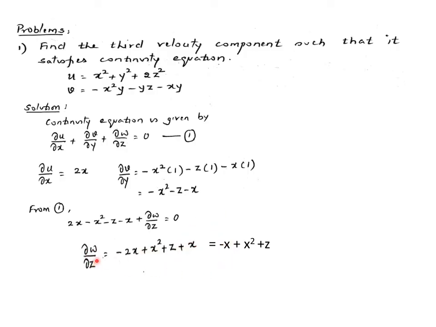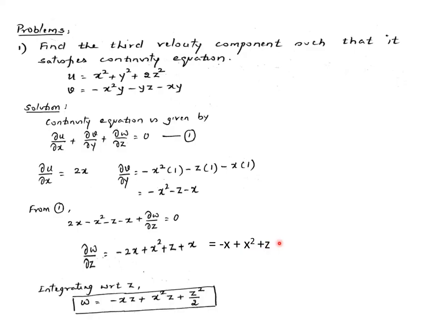Integrating, minus x is a constant, so you get minus xz. Again this is a constant, so you get x square into z, and the integration of z is z square by 2. This is how you get the third component of velocity, that is w, that satisfies the continuity equation.